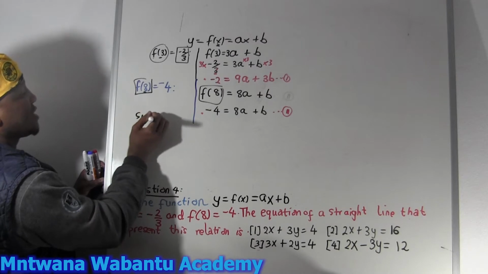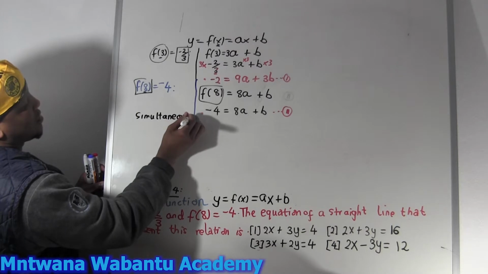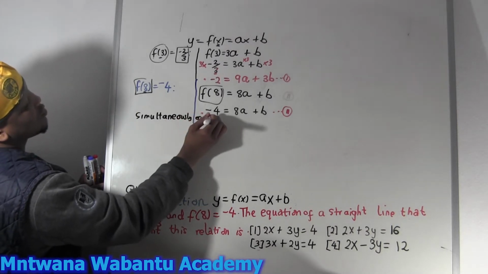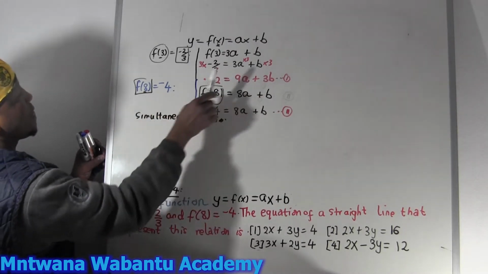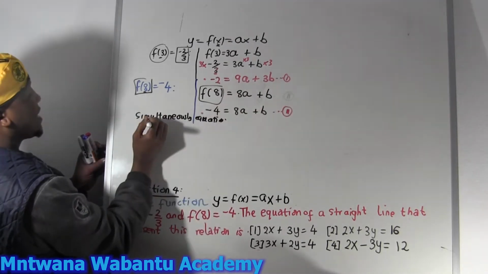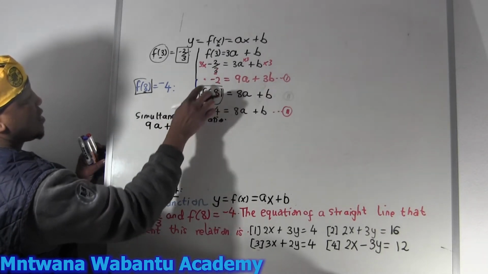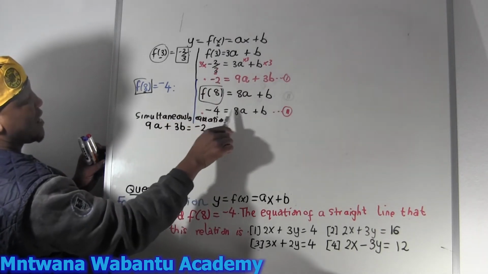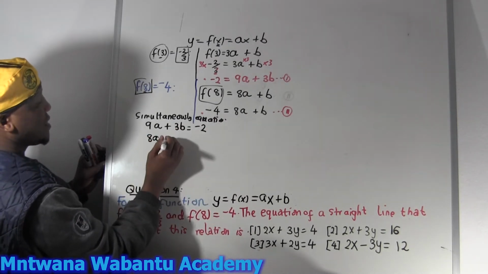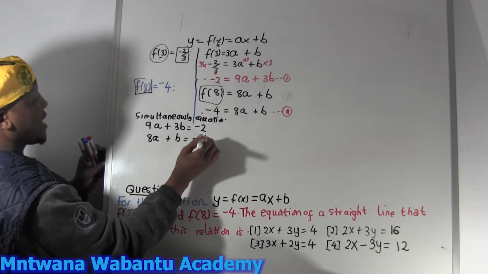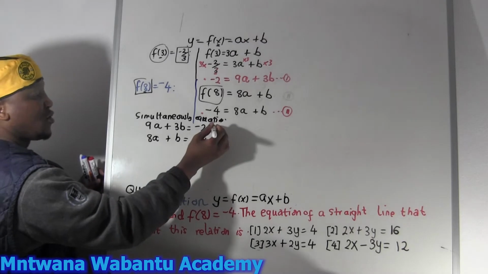We have simultaneous equations because I have two unknowns. Let me write this: 9a plus 3b equals negative 2, and the other one is 8a plus b equals negative 4. Now let's solve this.